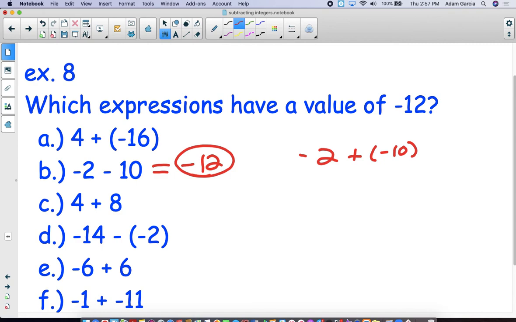Is there any other one that equals negative 12? Yes. D is in dog. You're right, because minus minus becomes plus plus. Negative 14 plus 2 is going to equal negative 12.